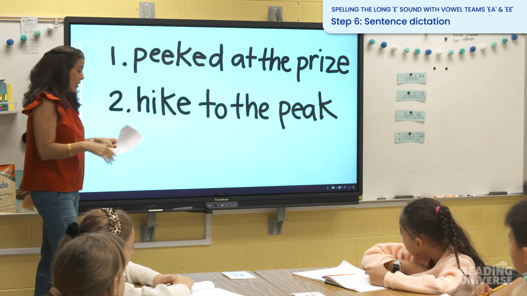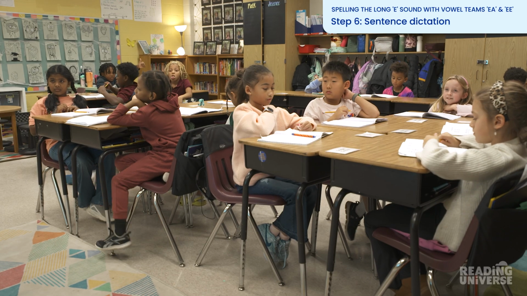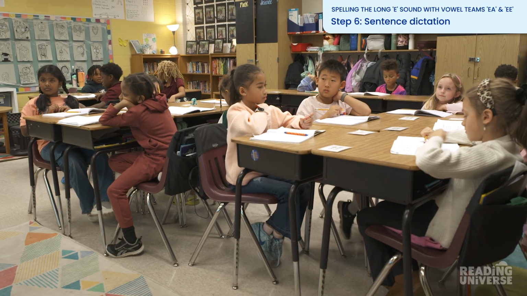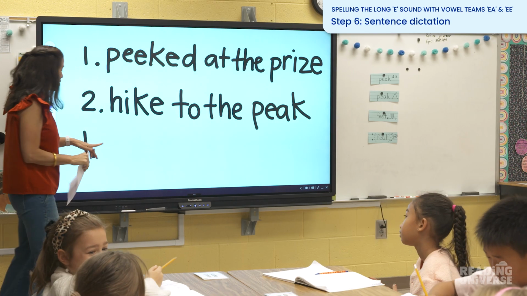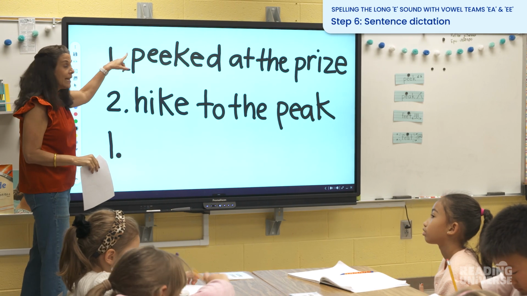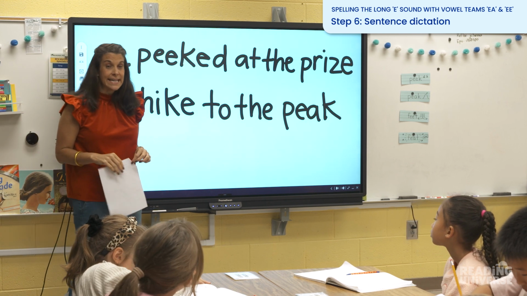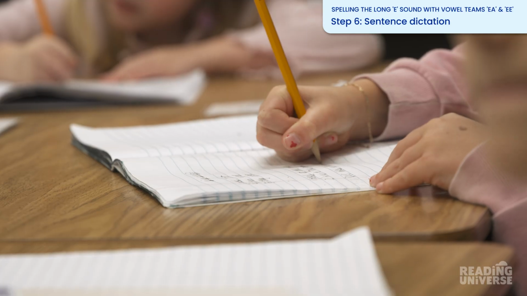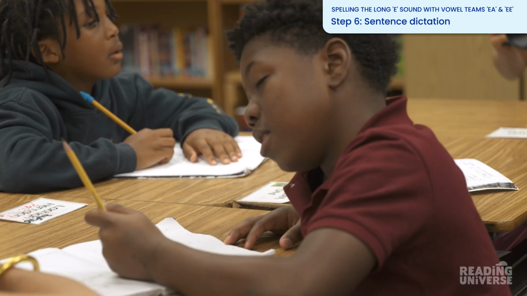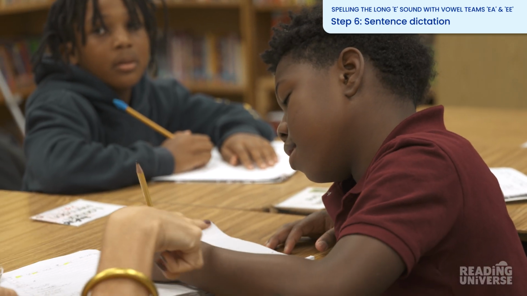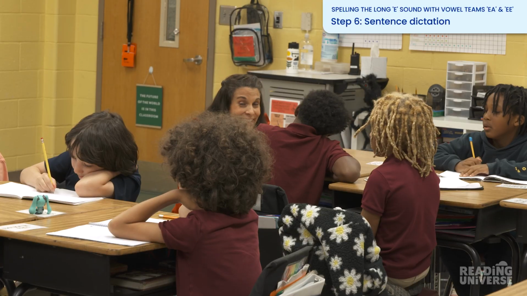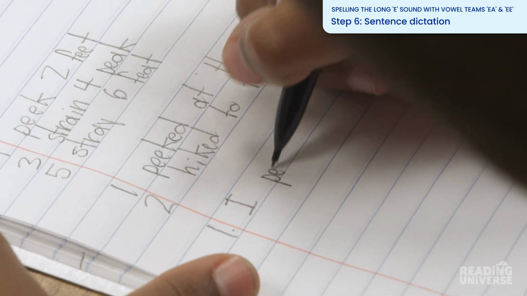The last step of the lesson is sentence dictation. Students will pick one of the phrases and turn it into a complete sentence by adding a who or a what. All right, get started turning one of these phrases into a complete sentence. You get to decide. You get to make it up. You want to say, I peeked at the prize talking about you? I like it. Okay, you do that.